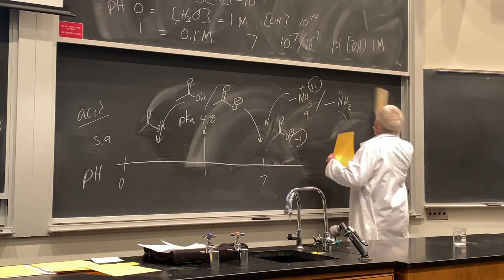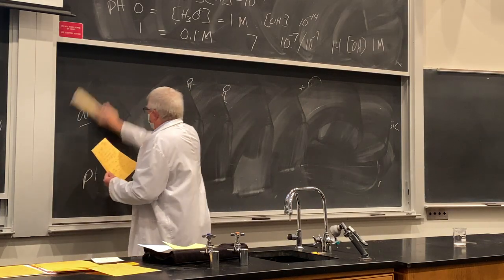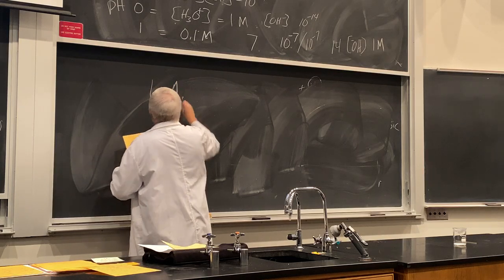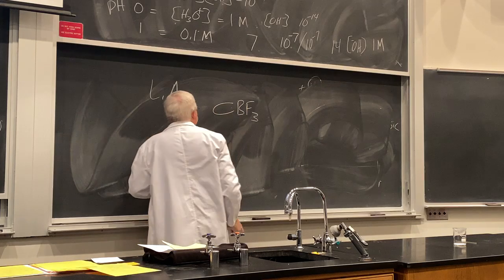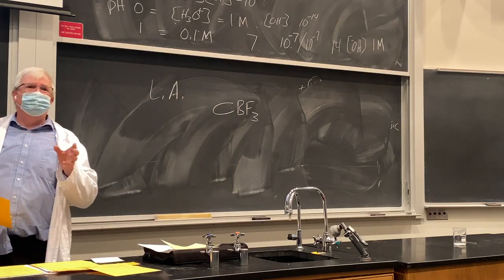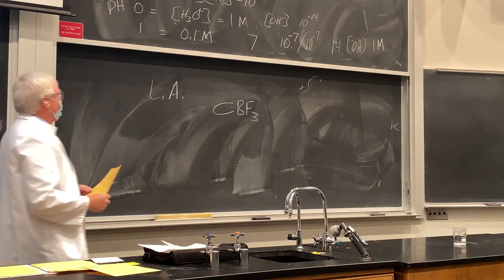All right, let's look at Lewis acids and Lewis bases, just real briefly. A Lewis acid has an empty orbital on it, something like boron trifluoride. Protic acids, which have the ability to donate a proton, also have an empty sigma star orbital, so they're kind of similar this way.